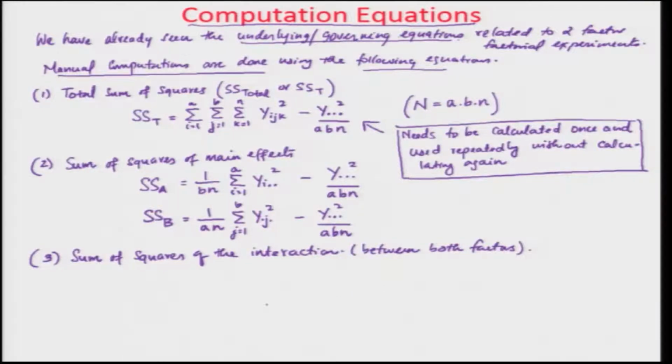Okay. So, with that, what we now need to think about is how we calculate that. We have already seen the equation earlier, but you can think about it as the sum of squares of AB, which means the interaction is the sum of squares of subtotals minus the sum of squares of A minus the sum of squares of B. So, if we can calculate the subtotals, then since we have already calculated SS of A and SS of B, you subtract them out and you should be able to calculate the sum of squares of AB.